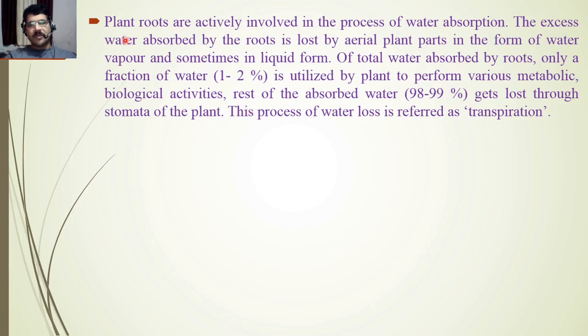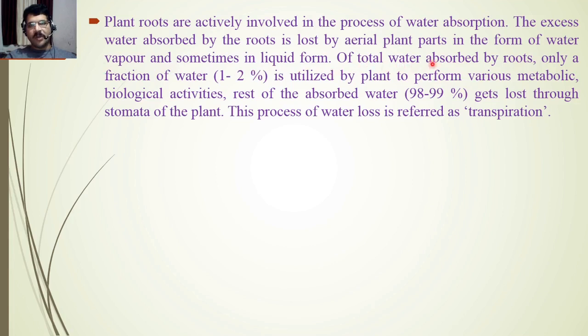Dear students, we know very well that plant roots are actively involved in the process of water absorption. They are continuously absorbing water. So the excess water absorbed by the roots is lost by aerial plant parts in the form of water vapor and sometimes in the form of liquid.